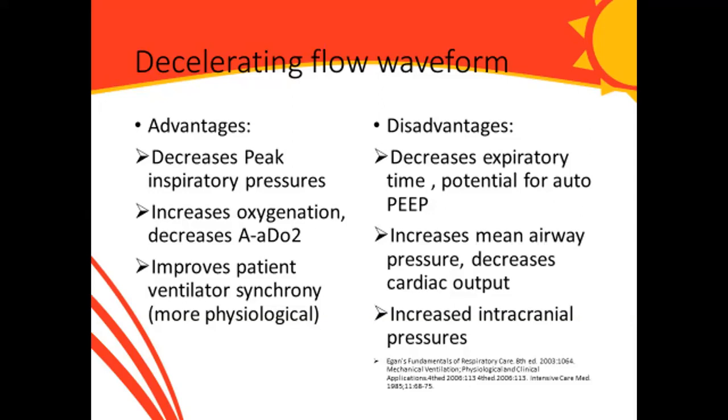Some of the disadvantages are that it decreases expiratory time and leads to auto-PEEP with breath stacking. This can increase mean airway pressure, therefore reducing venous return and cardiac output, unlike the square waveform we looked at before. Because of the increased pressure, it can also lead to increased intracranial pressure, which makes it disadvantageous in patients with traumatic brain injury.